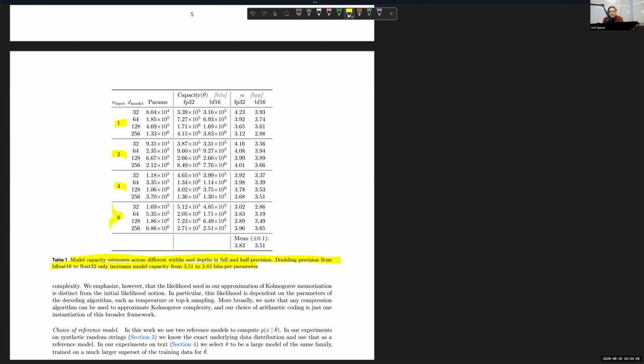Then they find that no matter what you do, the model capacity remains approximately alpha. Alpha is the bits per parameter. What is the memorization? How much has it memorized? Remains the same. So when you take B float, by the way, B float is a floating point format.